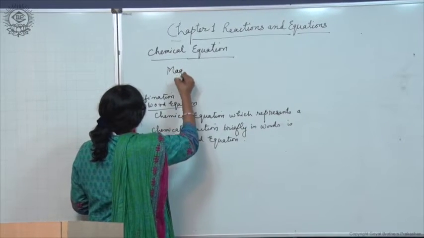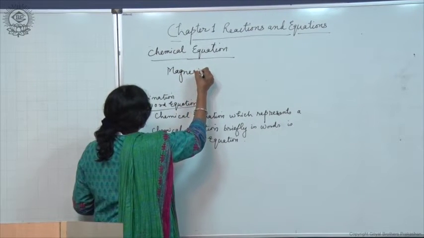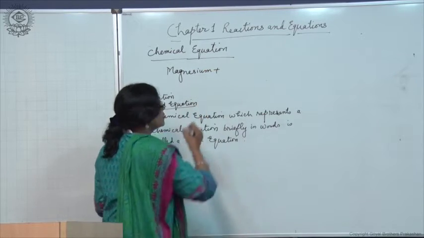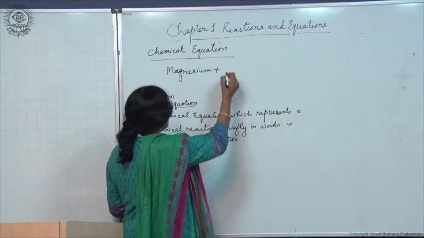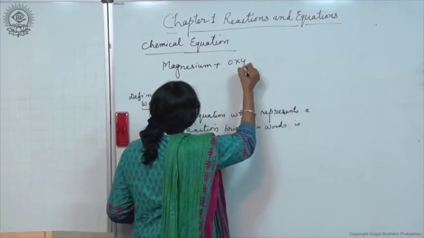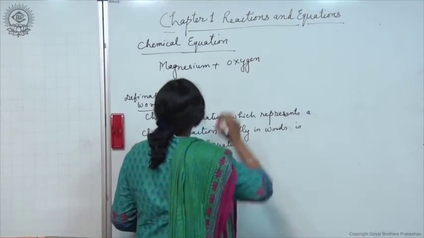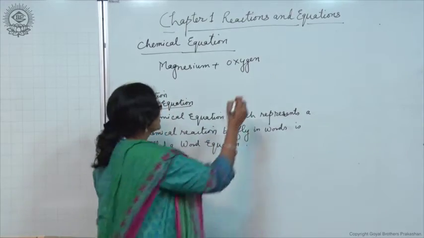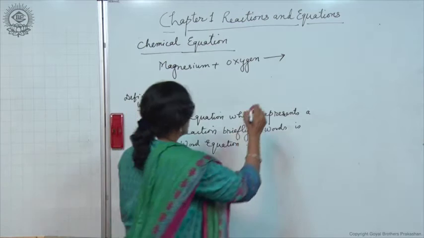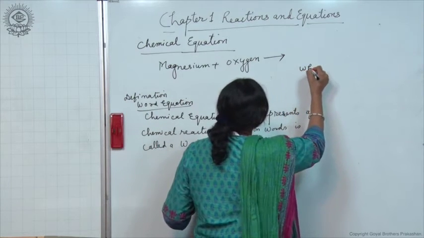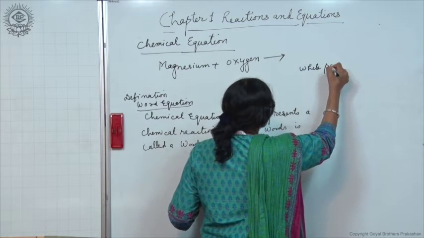Magnesium, when it is burnt in air, will combine with the oxygen present in air. So, we can write here oxygen, and it forms a white powder. What is that white powder?